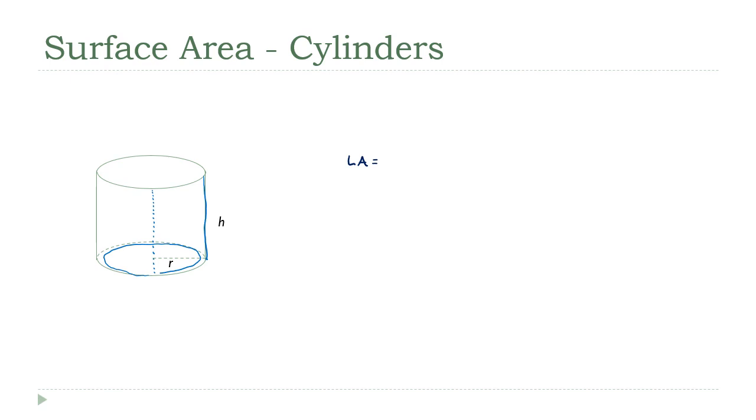So the lateral area is going to be the length, which is 2 pi r, times the height, which is just h. Now we want the total area. Then we have to add in the two bases. The two bases are just circles. The area of a circle is pi r squared, and we've got 2 of them. So the total area would be 2 pi r h plus 2 pi r squared.